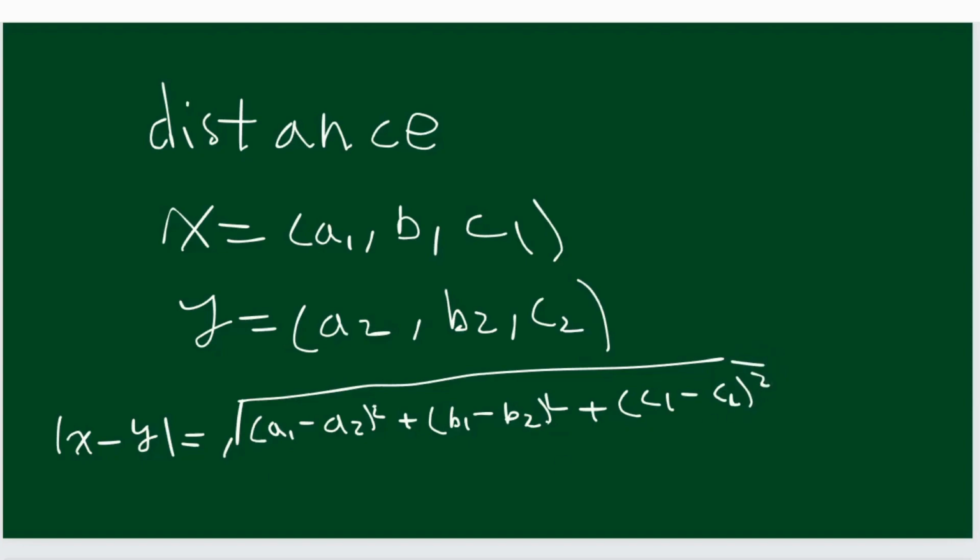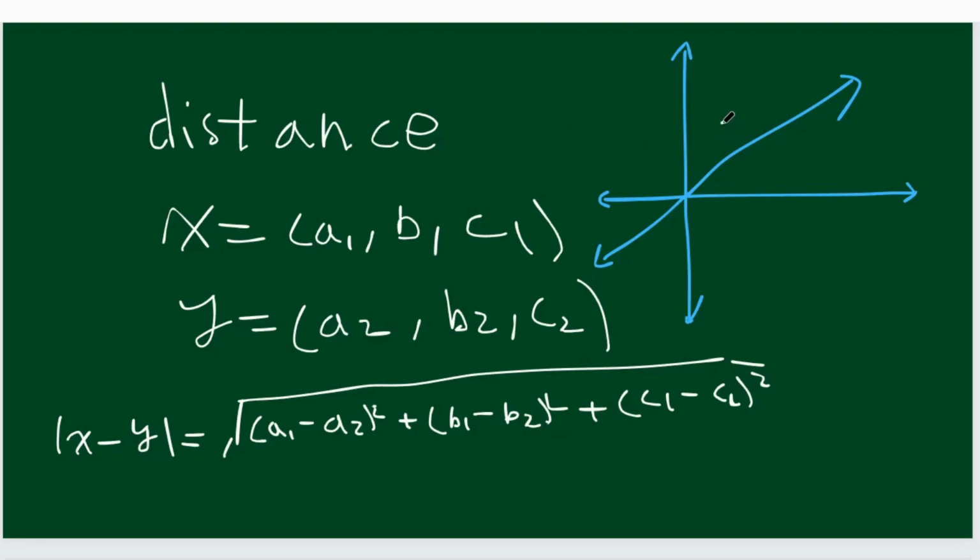And that's the distance. And in a 3-dimensional space, you can see here we're getting the distance between, again, 2 points. So here this can be point x and this can be point y. In a 3-dimensional space, we're getting the distance between these 2 points.